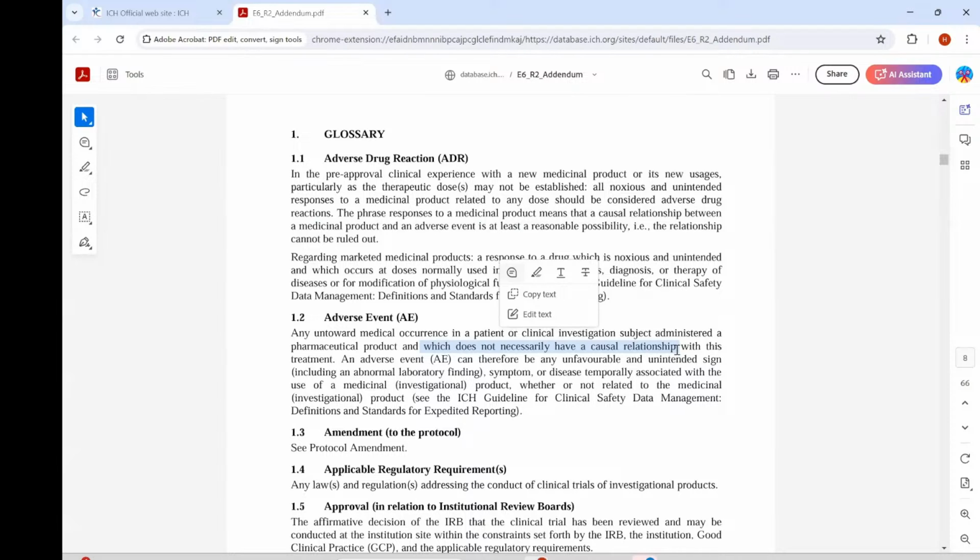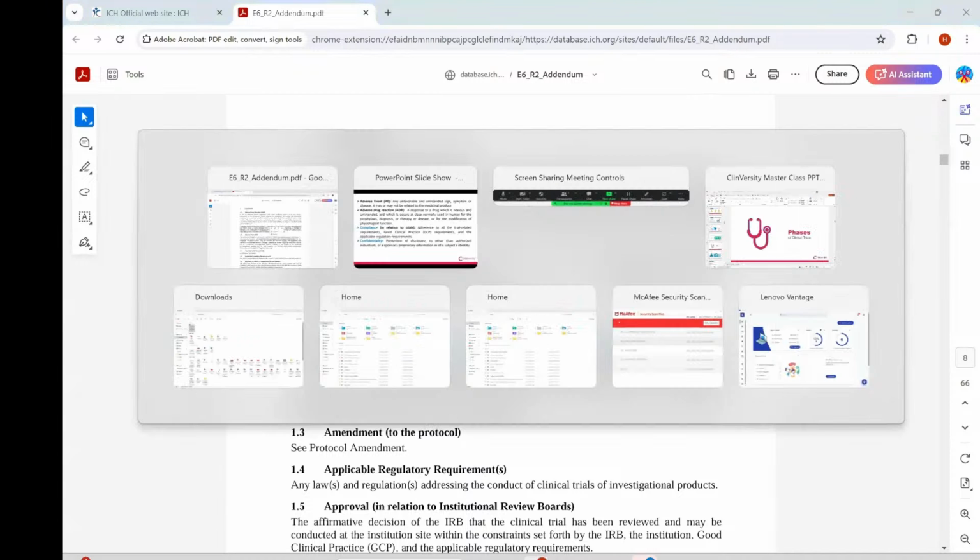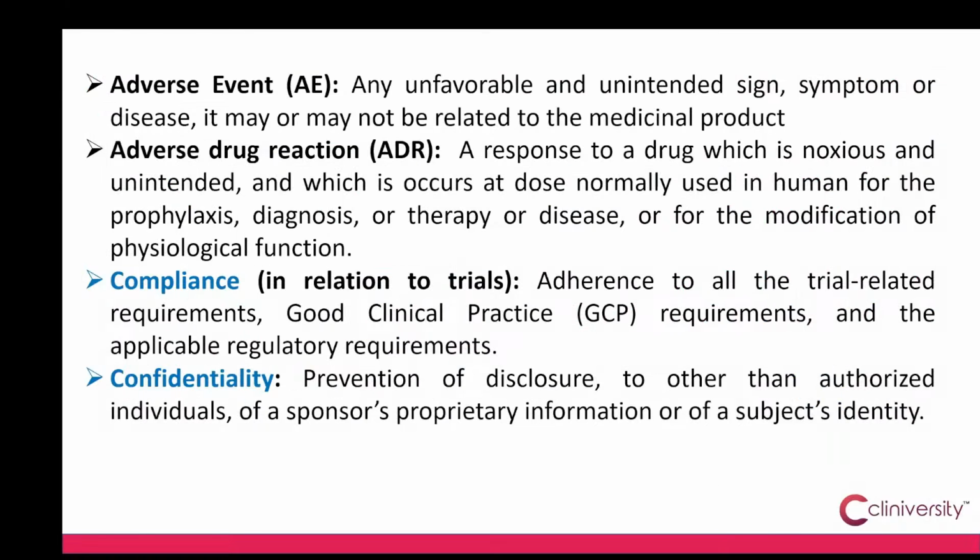So an adverse drug reaction has a relationship with the treatment, and an adverse event does not necessarily have one. There might always be a question in your interviews: what is the difference between AE and ADR? You should say that an adverse event will not necessarily have a relationship, but an adverse drug reaction will have a relationship. The name itself says that.